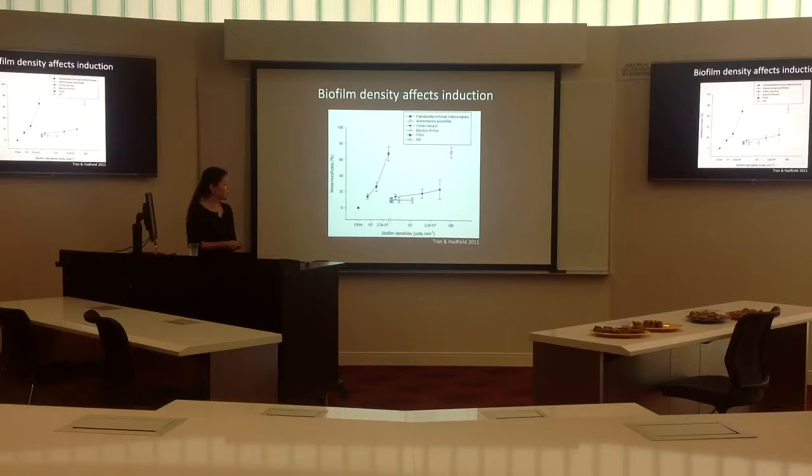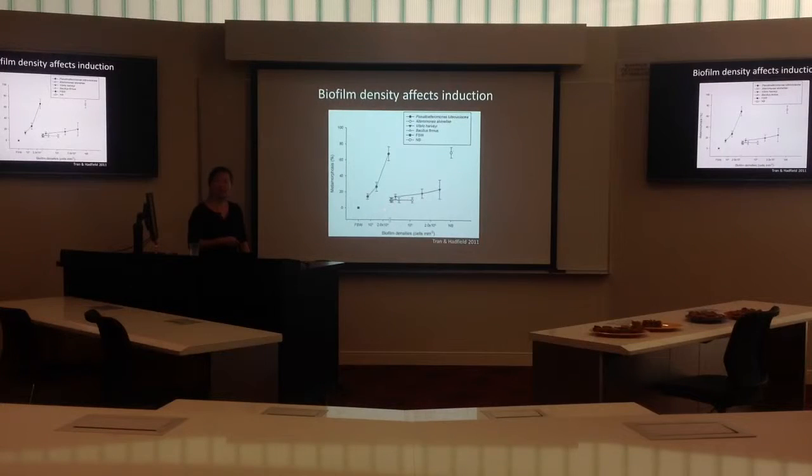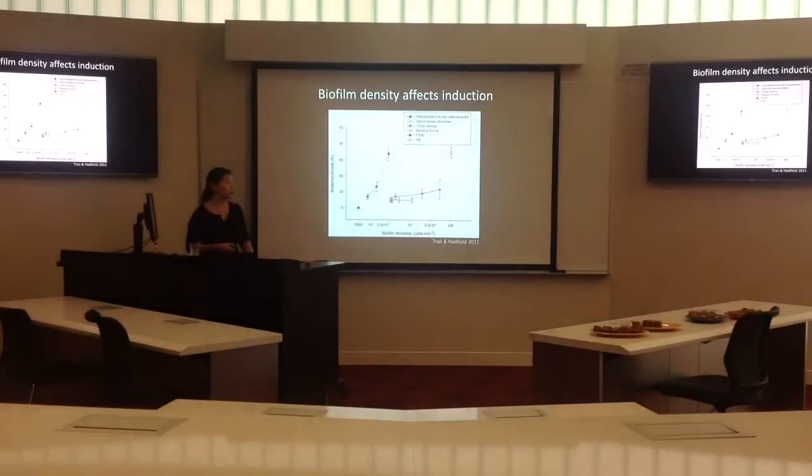Along the x-axis are the biofilm densities, and along the y-axis, the percentage of larvae that metamorphosed as a result. The take-home message is that if you look at these 3 here, the Alteromonas, Vibrio, and Bacillus, which are clumped together in this group in the middle, even though they make much denser biofilms than the Pseudoalteromonas, Pseudoalteromonas remains a strong inducer.